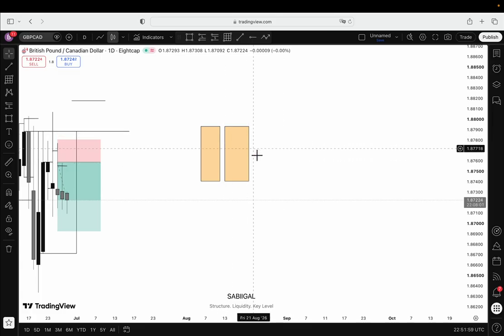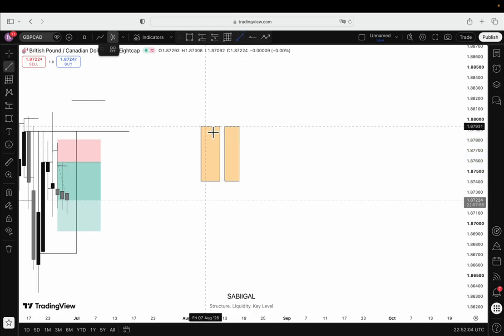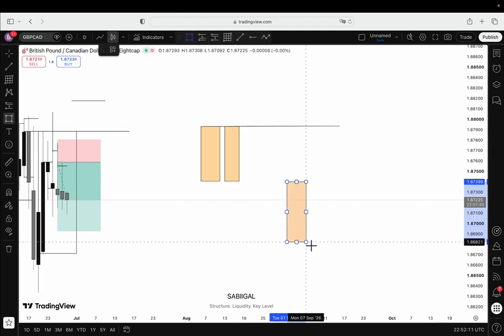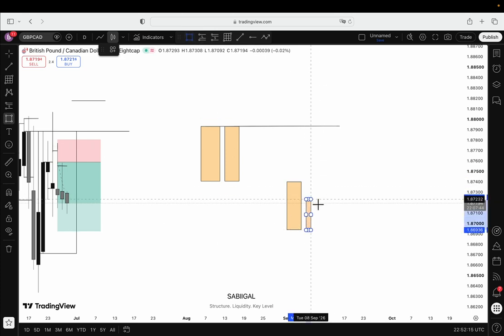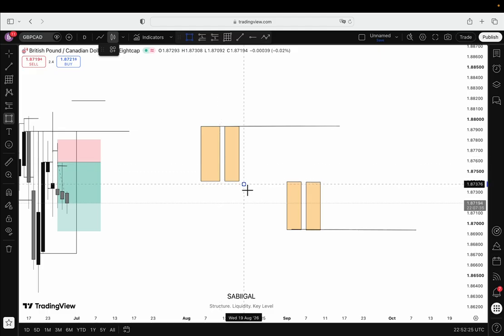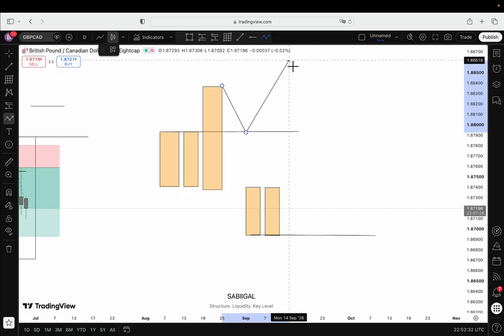So now we have resistance. We have support. Now we have a failed resistance that gives birth to a support, which is that thing you called RBS.